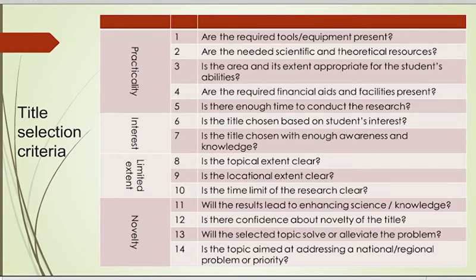Number 4, are the required financial aids and facilities present? One of the very important aspects of a research is to have enough money to buy materials and spend on any equipment that you need, or even pay the students or assistants who help you conduct the research.